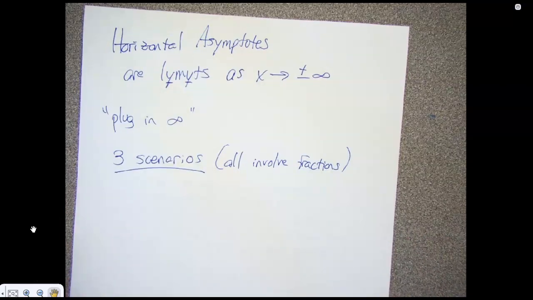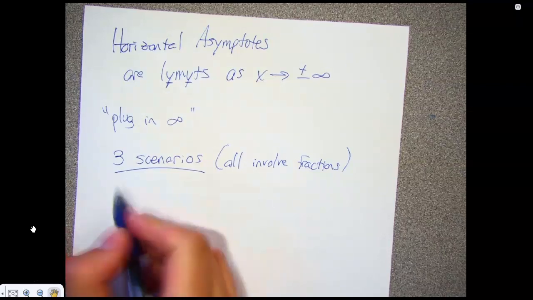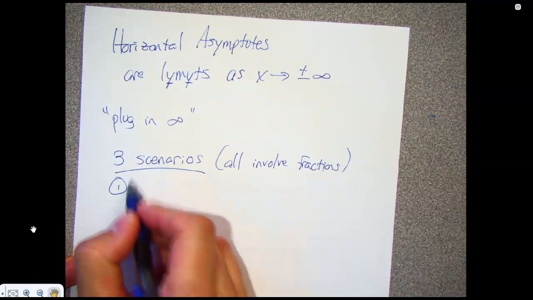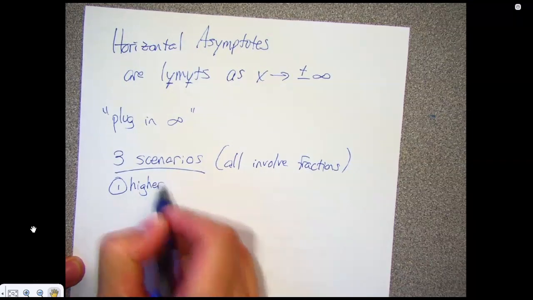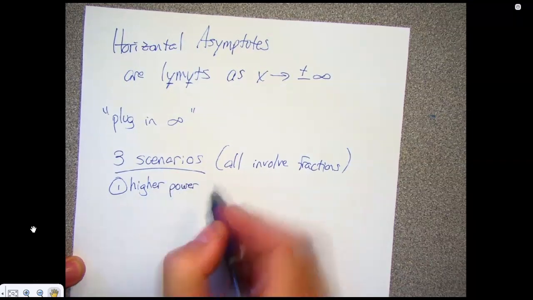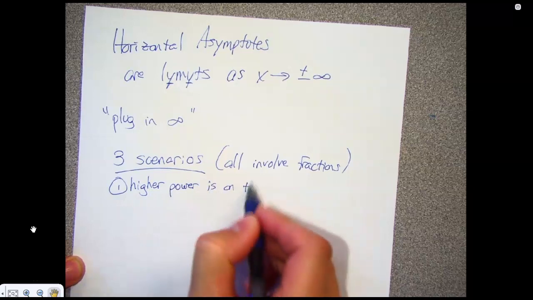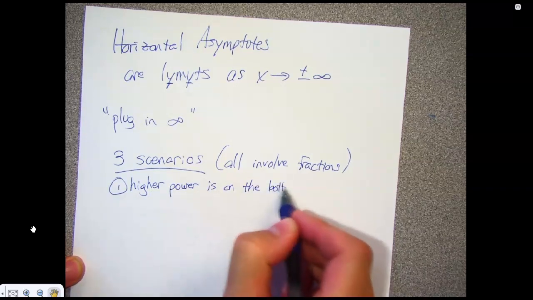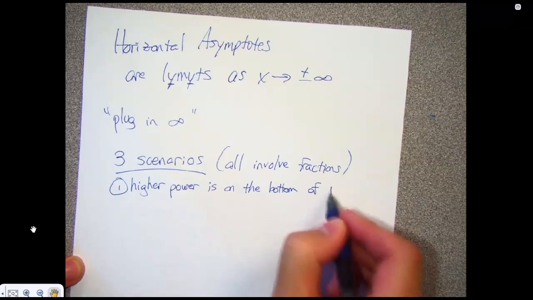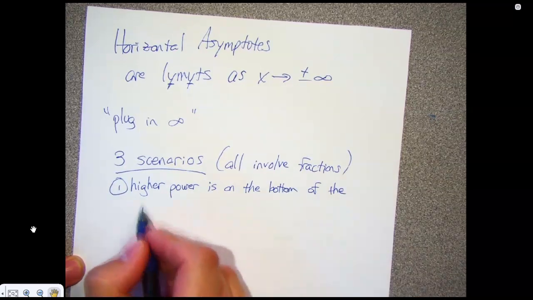There has to be a fraction for there to be a horizontal asymptote. One, higher power is on the bottom of the fraction. And one of these scenarios doesn't even have a horizontal asymptote.